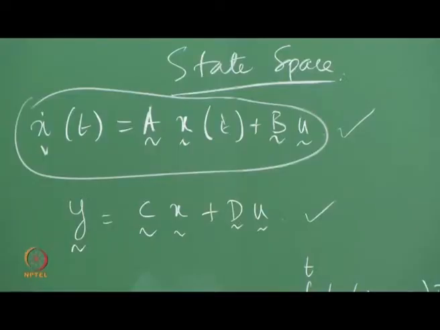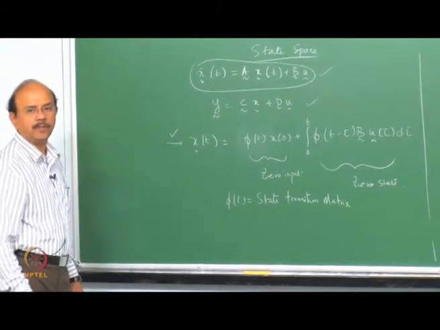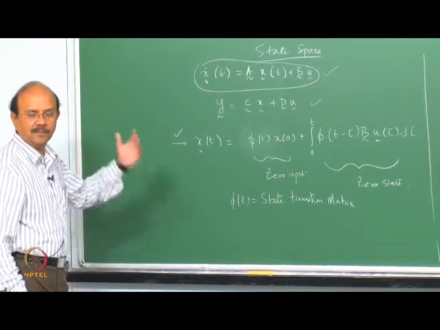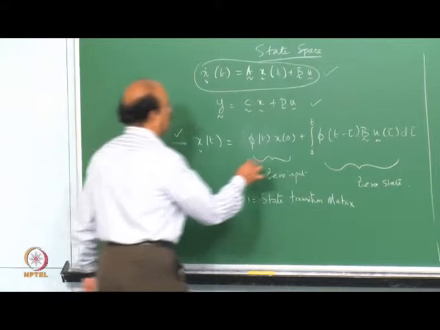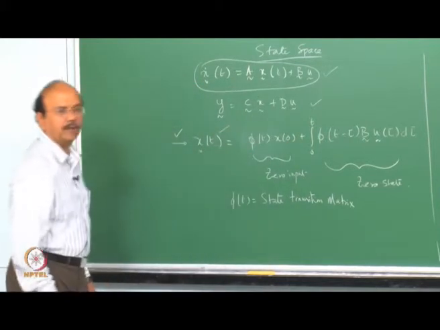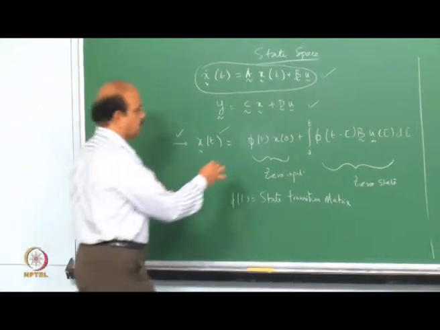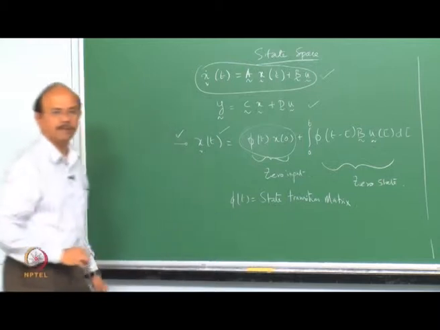All of you know, we went through this. x of t, we derived this. Remember that we had a Laplace transform and so on. So we have 2 terms ultimately for x. One is what is called the 0 input term.